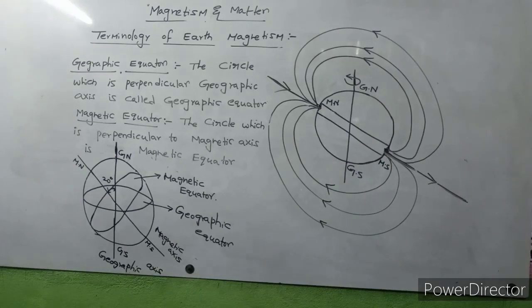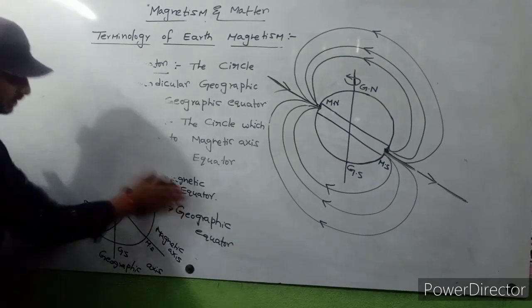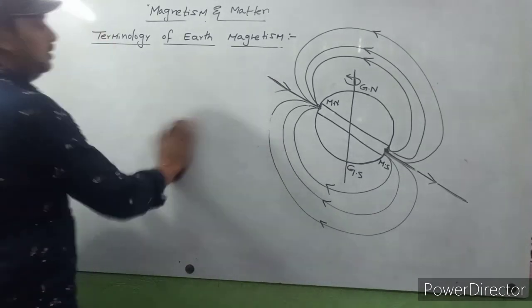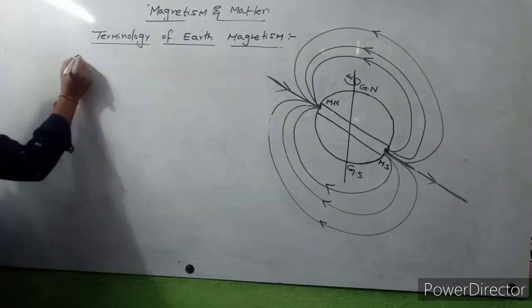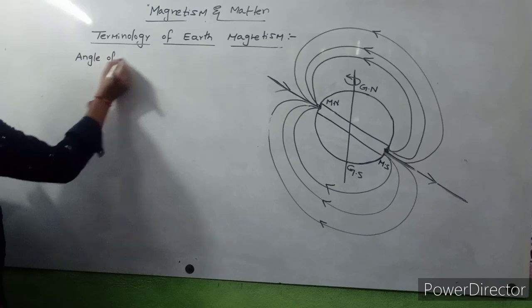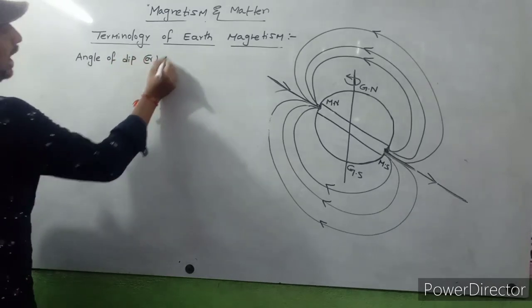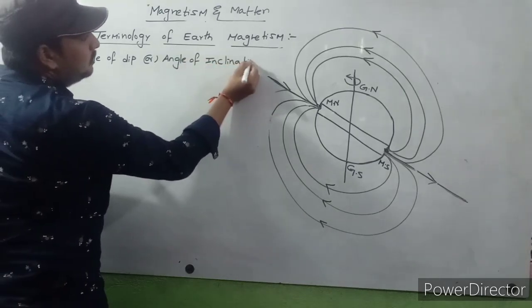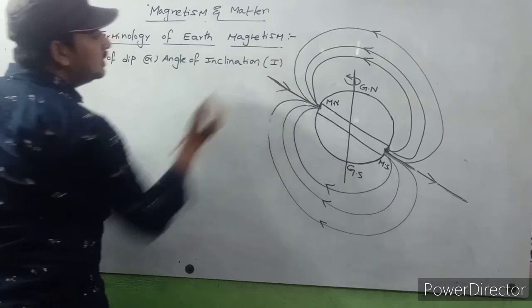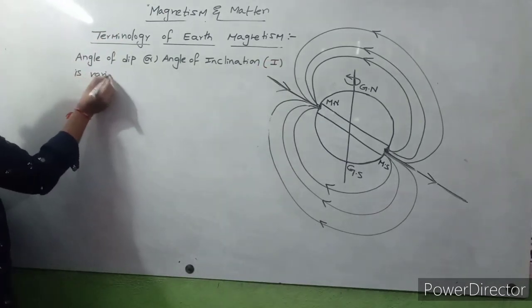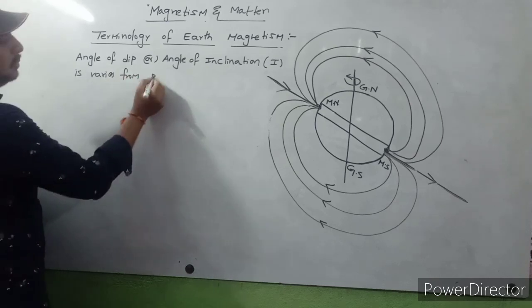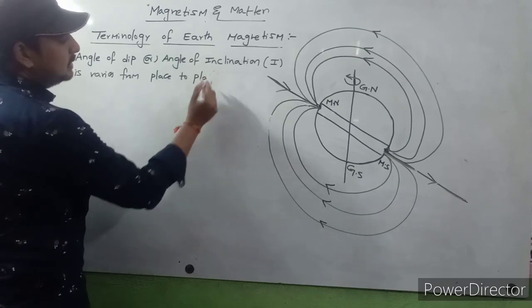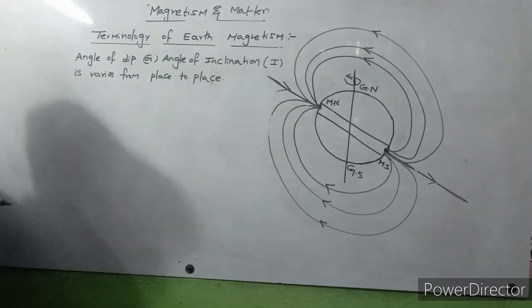Now observe carefully. Angle of dip or angle of inclination, indicated with I, varies from place to place.